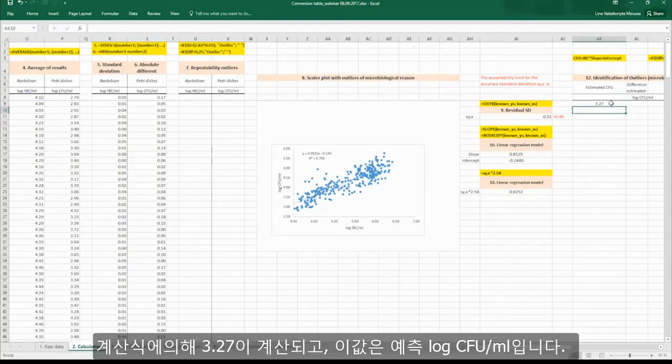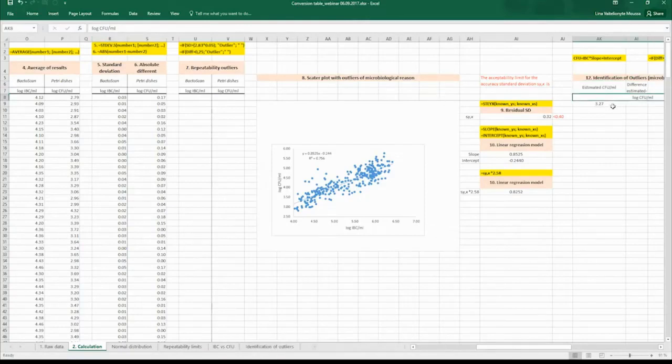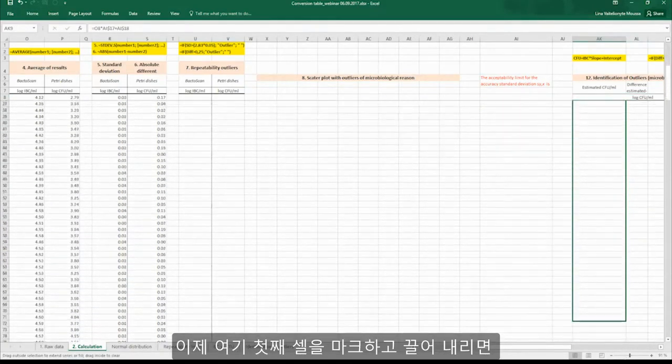So we got 3.27 logarithmic units. It's estimated CFU per milliliter. I can add per milliliter. Selecting the cell and dragging it down.